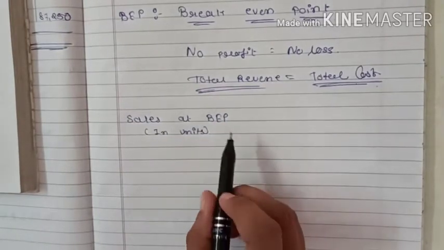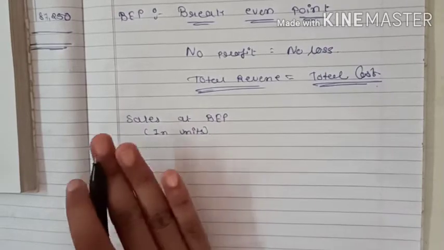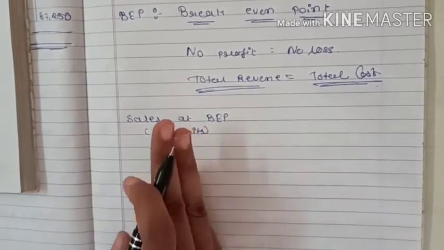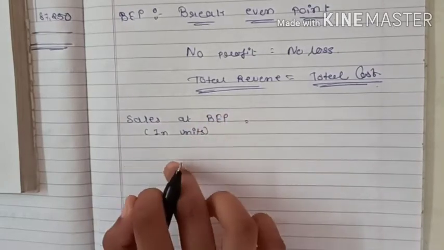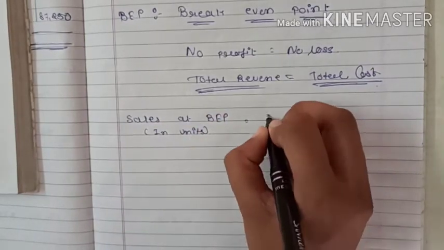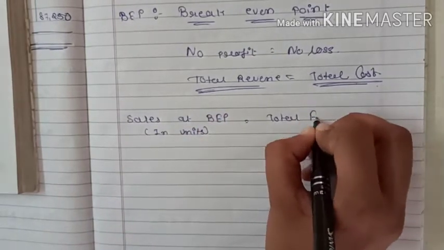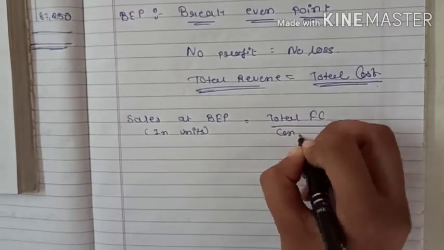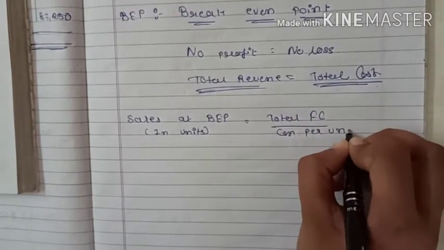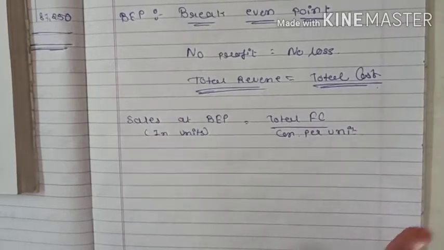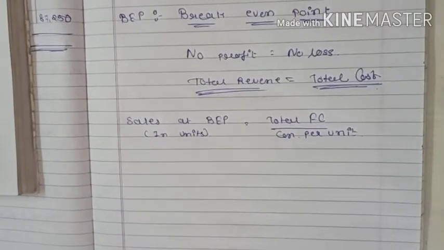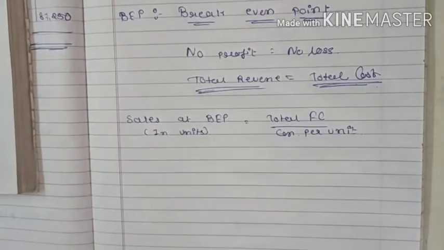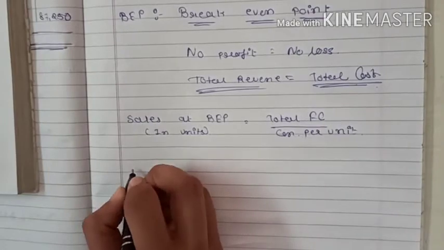Whenever you have to find the BEP in units, that means how many units you have to produce, sales at BEP is equal to total fixed cost divided by contribution per unit. You might get confused with the contribution per unit, but whenever we solve various sums, you can easily understand it.